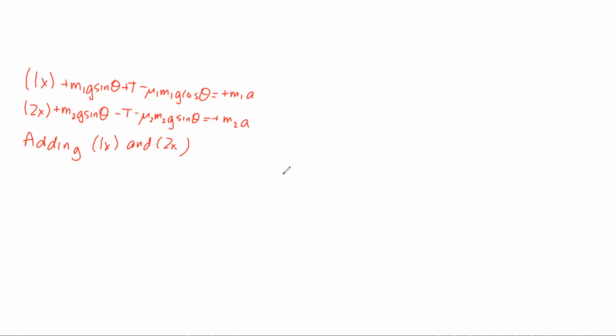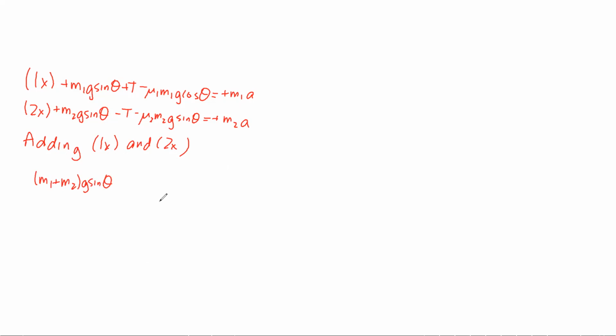Right, so adding those two together, the T's cancel. What happens to this stuff in the front? It's just m1 plus m2, g sine theta. We'll double check this, but it'll be m1 plus m2 g sine theta, right?